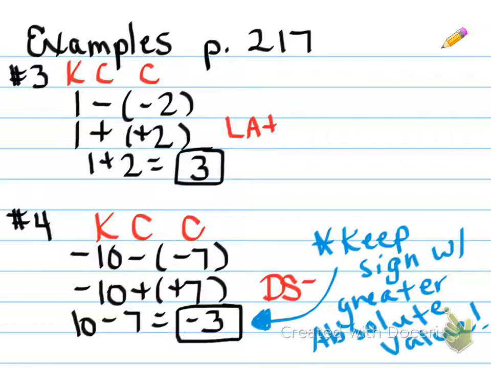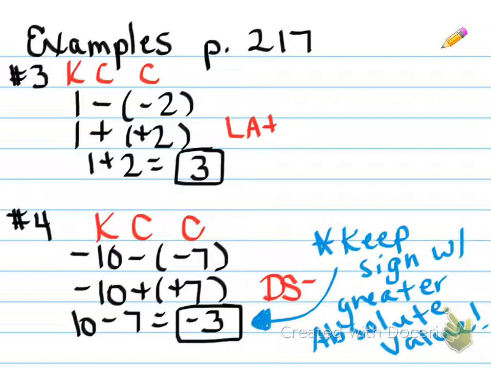You can easily see how 1 minus negative 2 would have an answer of positive 3, like signs add.